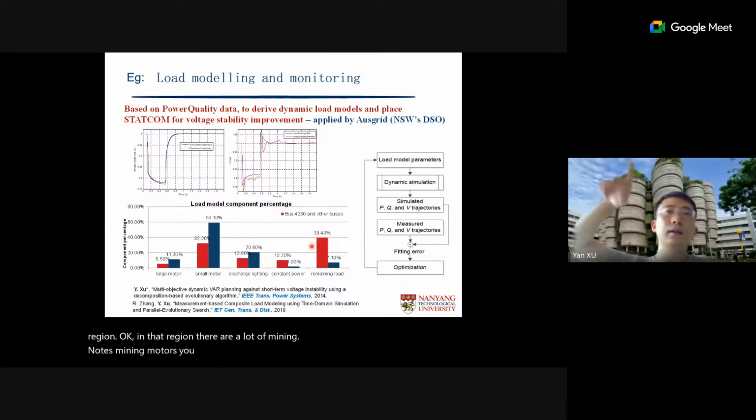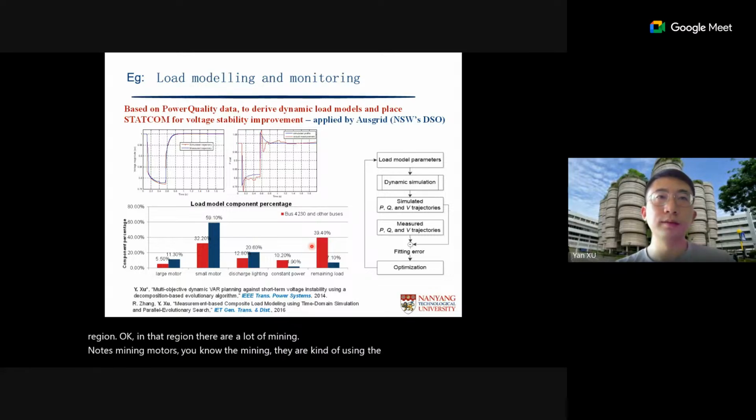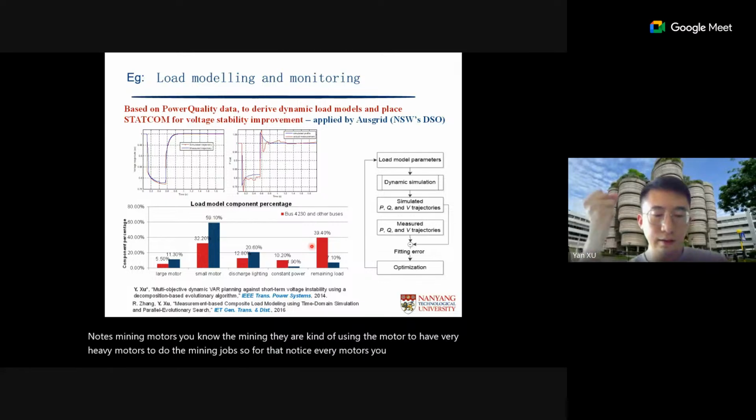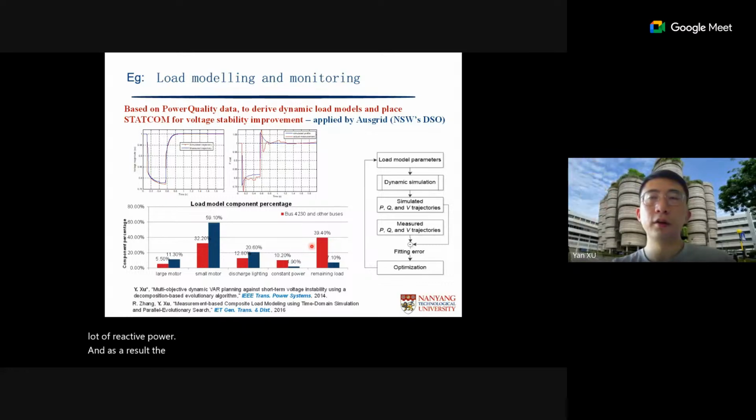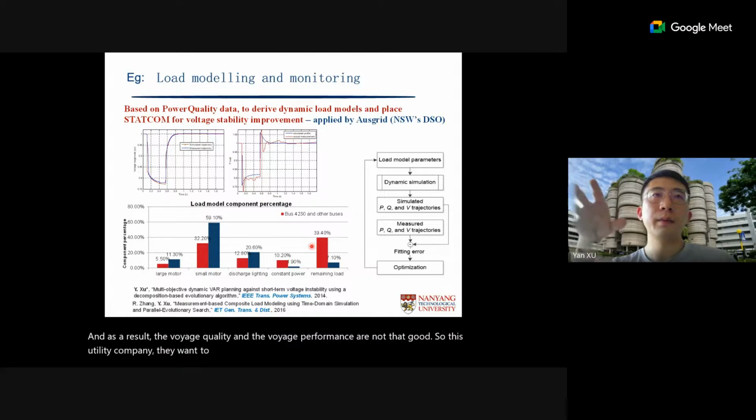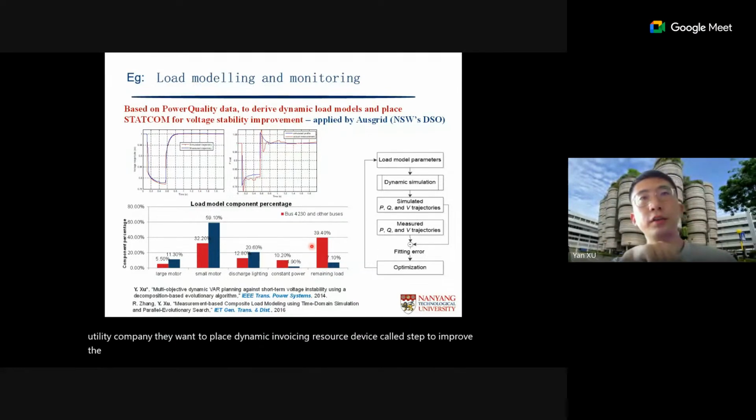You know, the mining uses very heavy motors to do the mining jobs. For those heavy motors, they consume a lot of reactive power. And as a result, the voltage quality and the voltage performance are not that good. So this utility company wants to place a dynamic voltage resource device called StatCom to improve the voltage stability and the voltage quality.